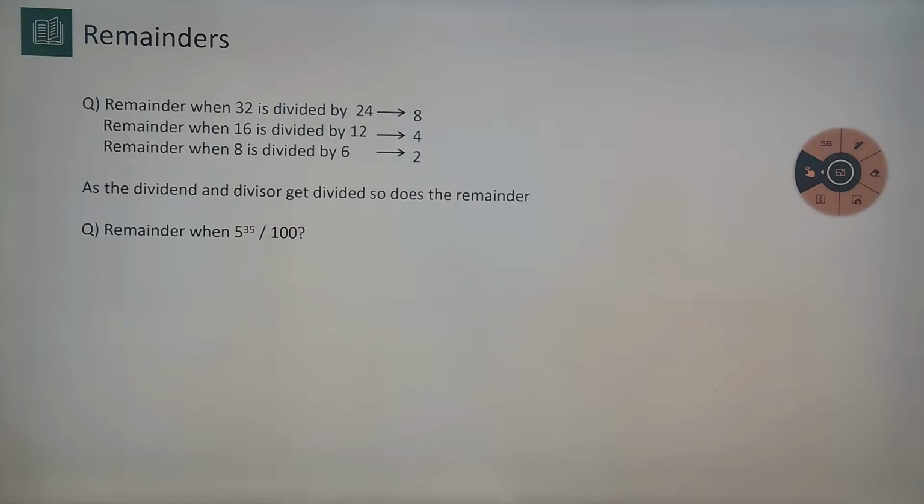Both are divisible by 25. So whenever you're dividing numbers which have common factors, you first divide both the numbers by the common factor, find out the remainder, and then multiply.